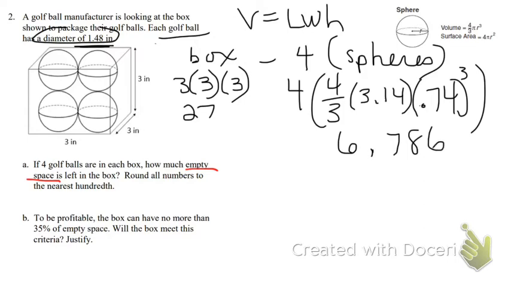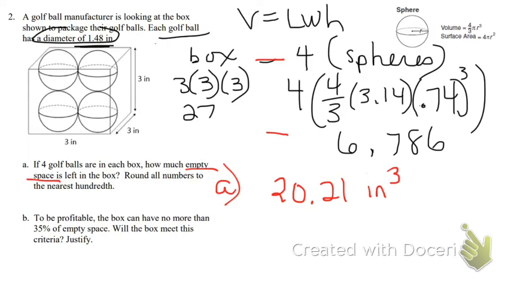Okay, so now subtract, bring down that minus sign, 27 minus the volume of the golf balls. And I get that the amount of space in that box is 20.21 cubic inches. That's the answer to part A.